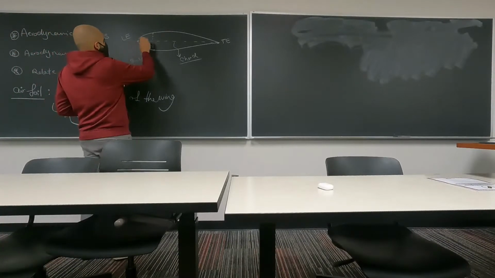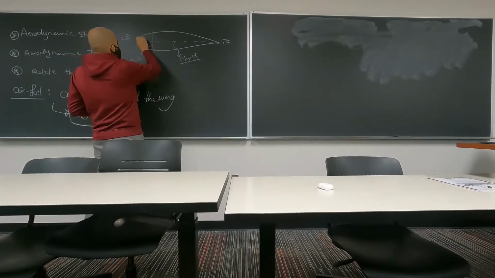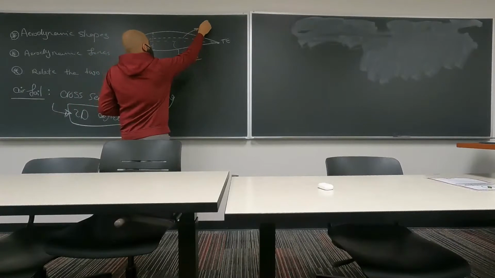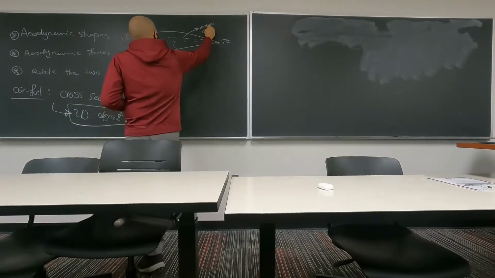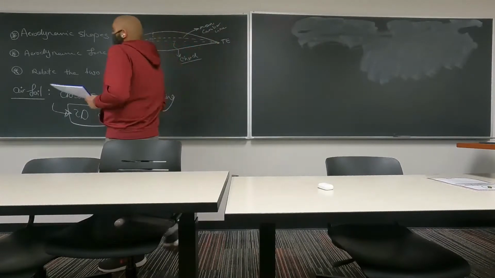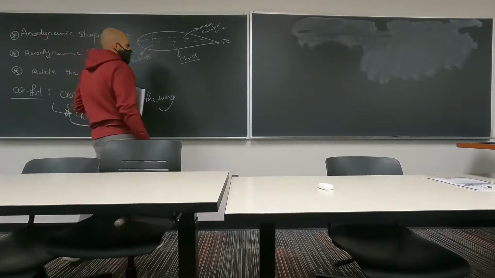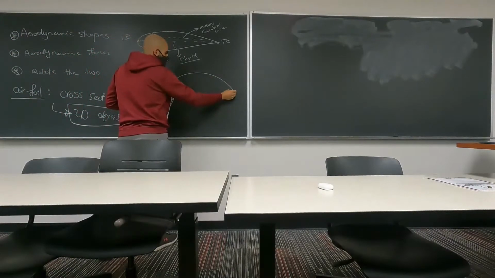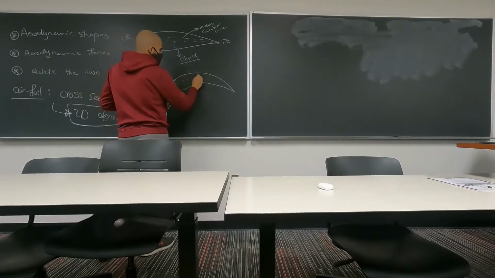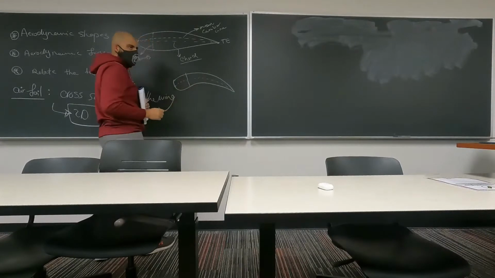And for an airfoil that is cambered, you're going to have a mean camber line. So for this airfoil, the mean camber line does look a little weird, but think of an airfoil like this, right? The mean camber line is a line that has the exact same distance from the top and the bottom of the airfoil.